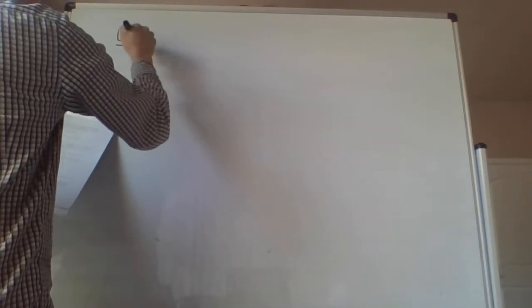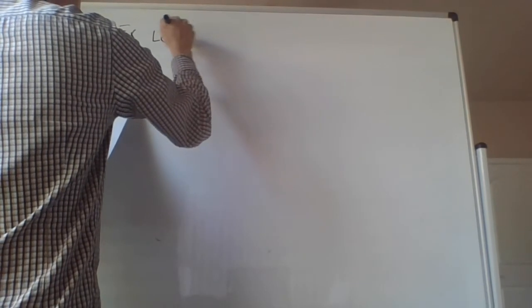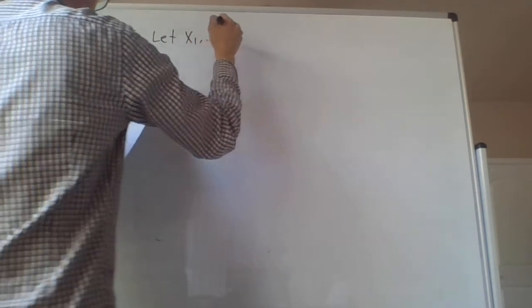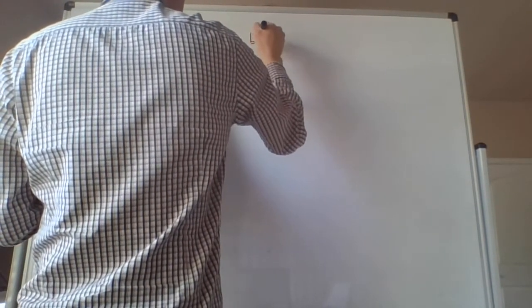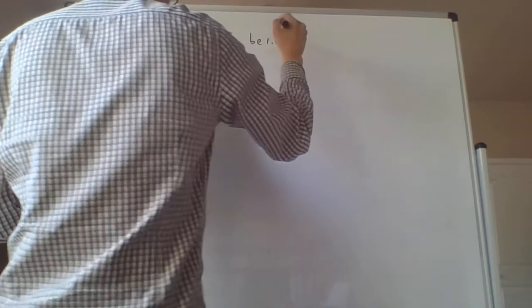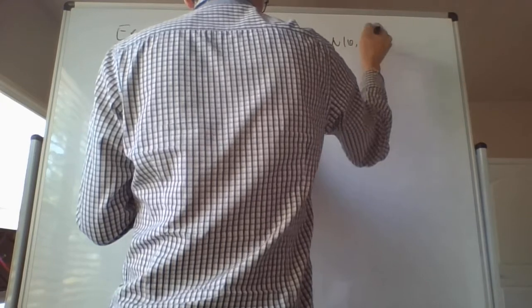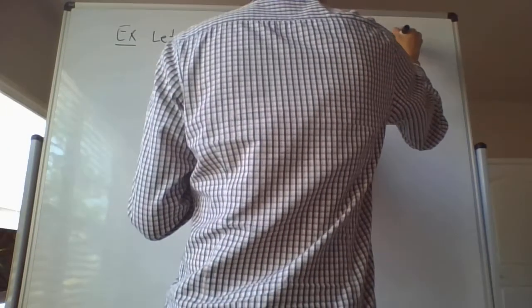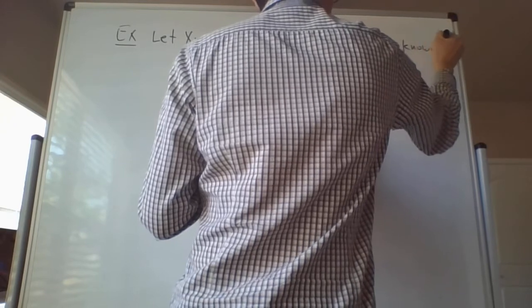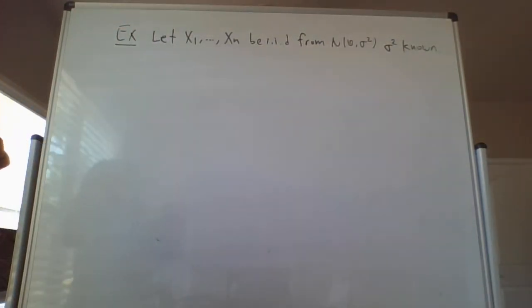Let me give one example. We have a normal random sample with mean theta and variance sigma square, and we assume that sigma square is known.